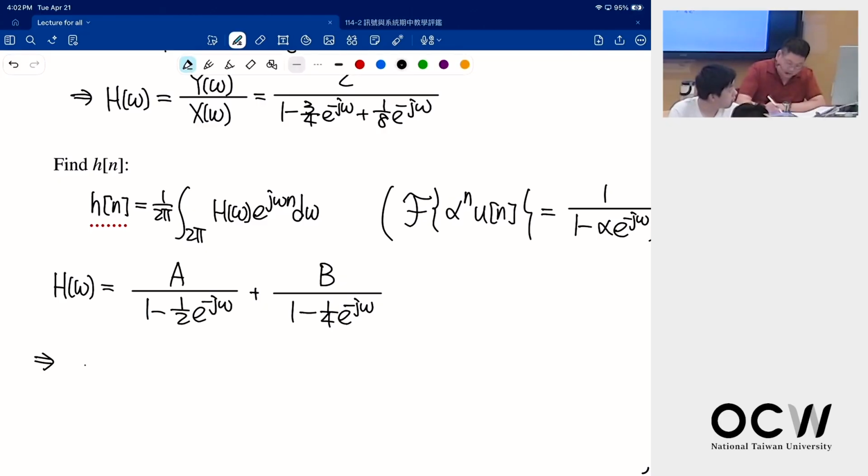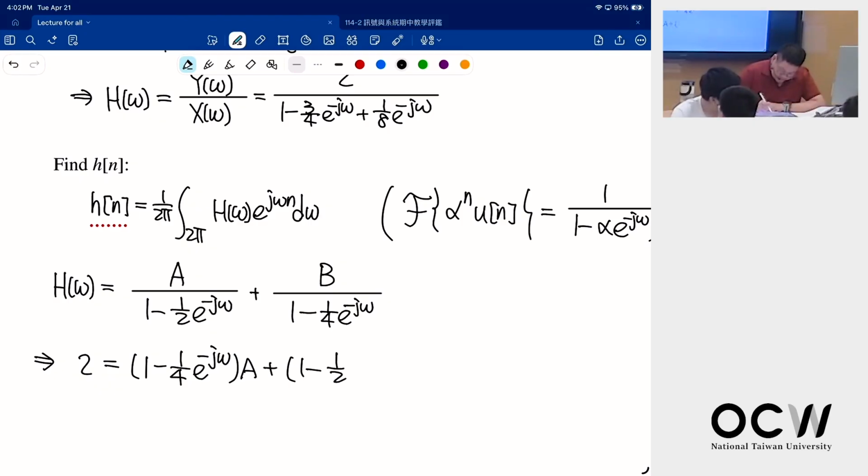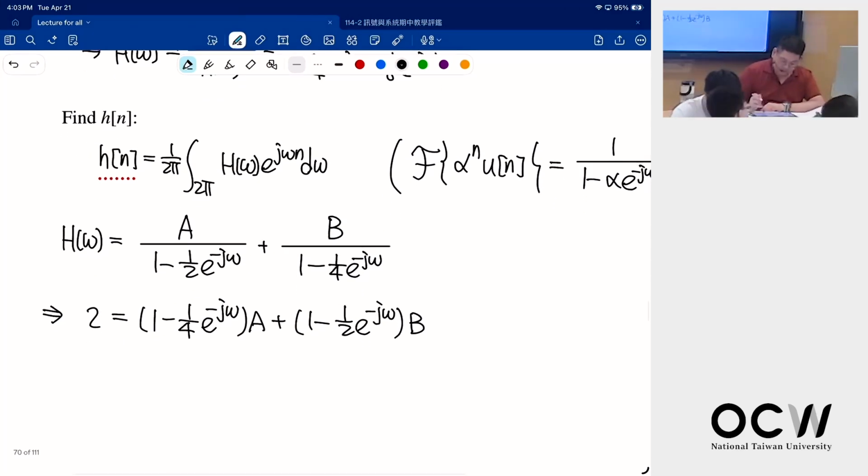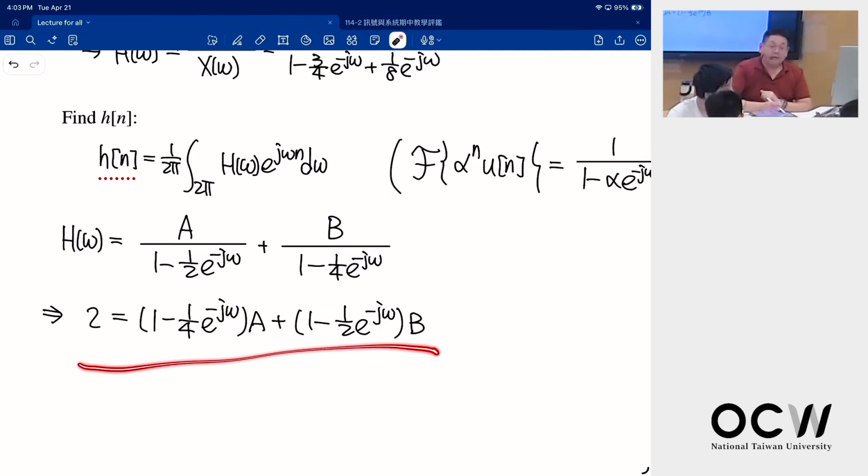Therefore, the numerator 2 is equal to 1 minus 1/4 times e to the minus j omega a, and also 1 minus 1/2 e to the minus j omega b. So what are a and b? From here, what is a and what is b?